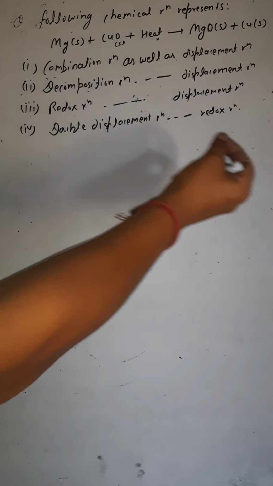First one, whether it is a combination reaction. No, it is not a combination, because in a combination reaction two or three compounds combine together to form a single one. A single one is not being formed here, so it is not a combination reaction. As for the displacement reaction, yes, it is a displacement reaction, because copper is being displaced by magnesium.